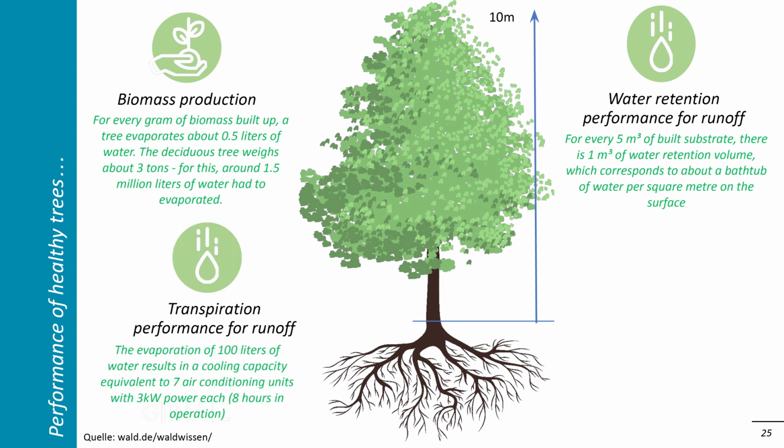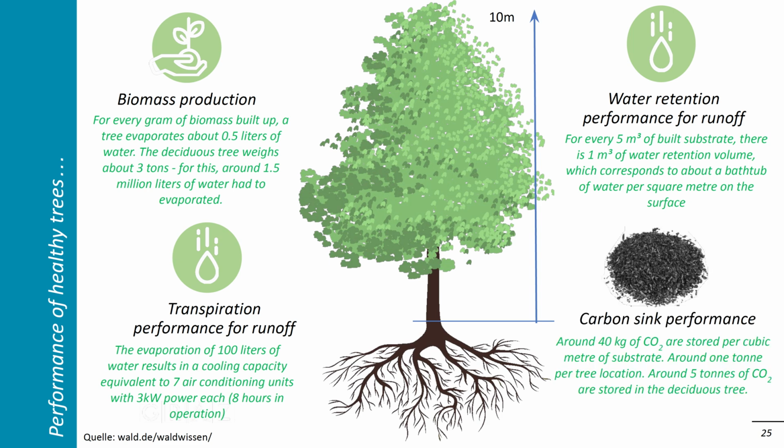Then there's also this transpiration performance. The evaporation of 100 liters of water results in the cooling capacity of one tree. This is the performance of one tree in one day in the summer: 100 liters, equivalent to 7 air conditioning units with 3,000 watts in operation for 8 hours.